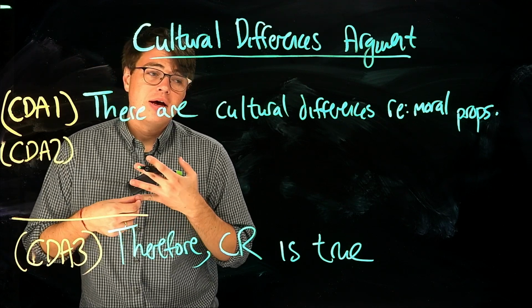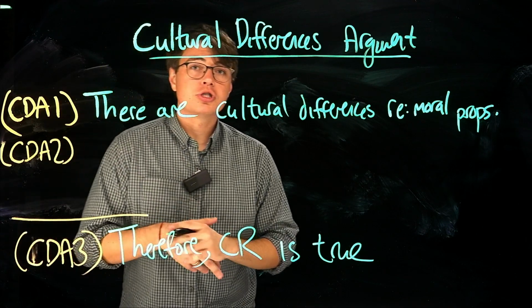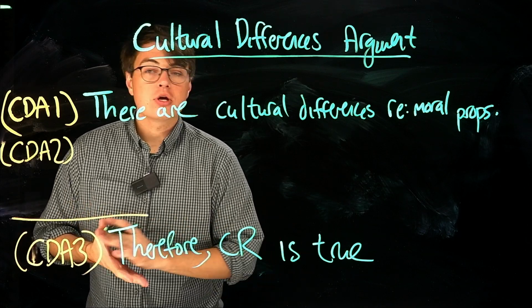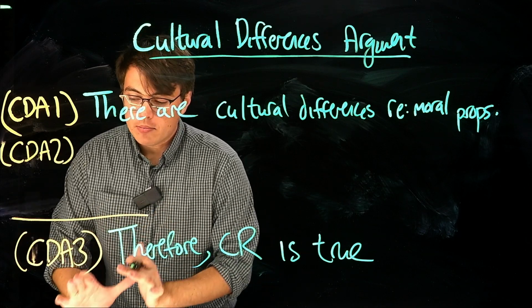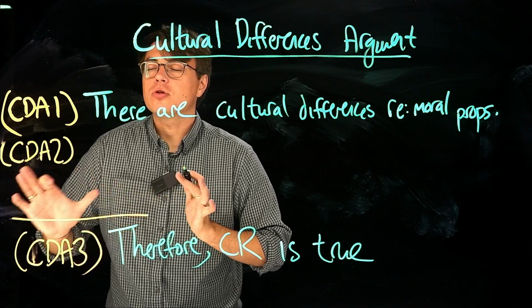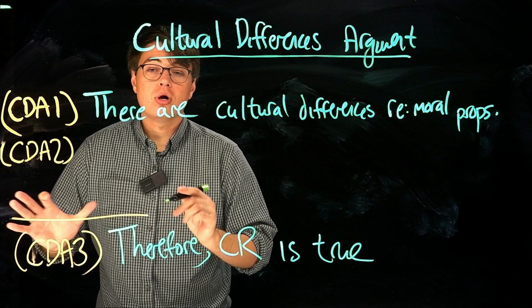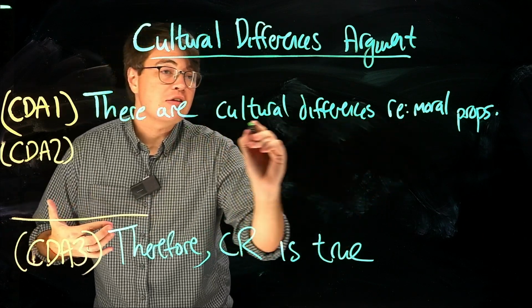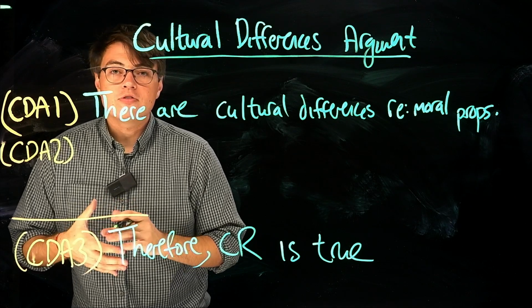Rachels rightly says that if that is the version of the argument, it is simply logically invalid. That is, the conclusion that the truth value of moral propositions is had only relative to a given culture simply does not logically follow as a matter of necessity from the claim that there are these differences.